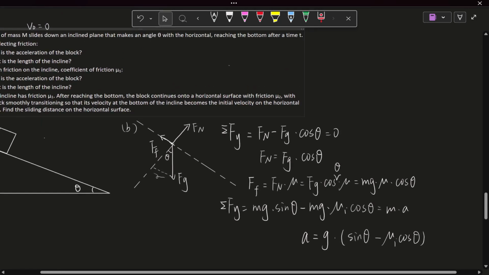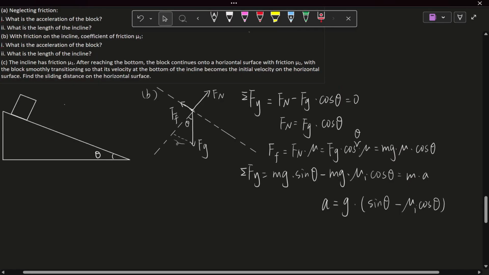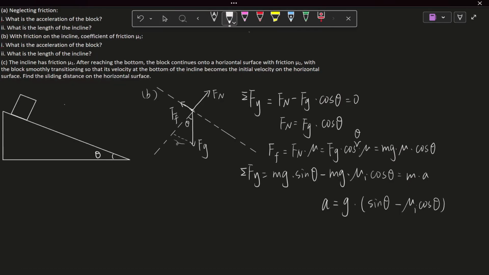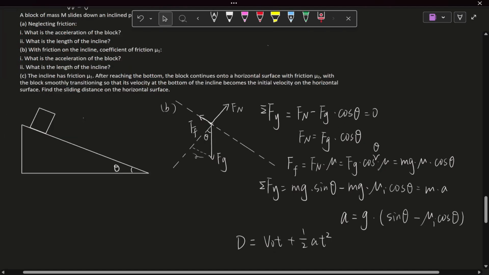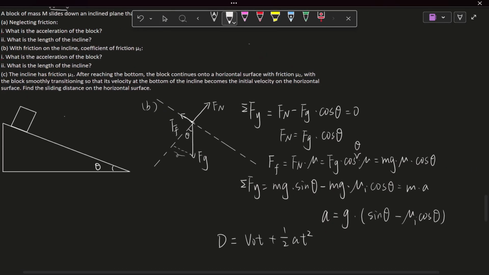So now we find the acceleration, right? What is the length of the incline? We're doing exactly the same thing as the last part. D is equal to V naught t plus half a t squared. V naught is 0 initially, right, because it's at rest. So it's just simply equal to half a t squared.